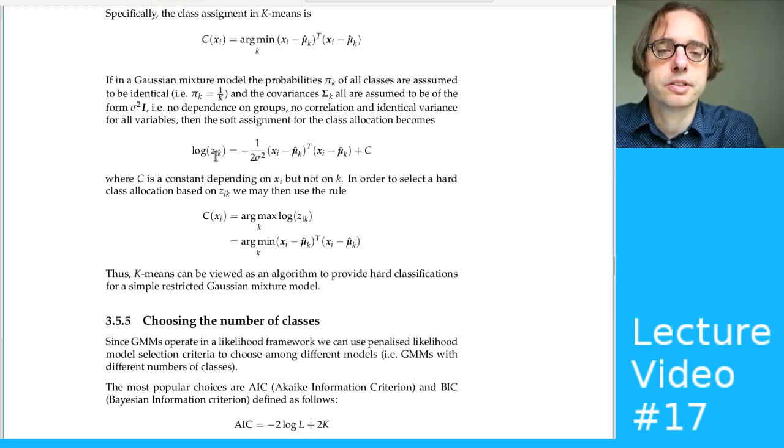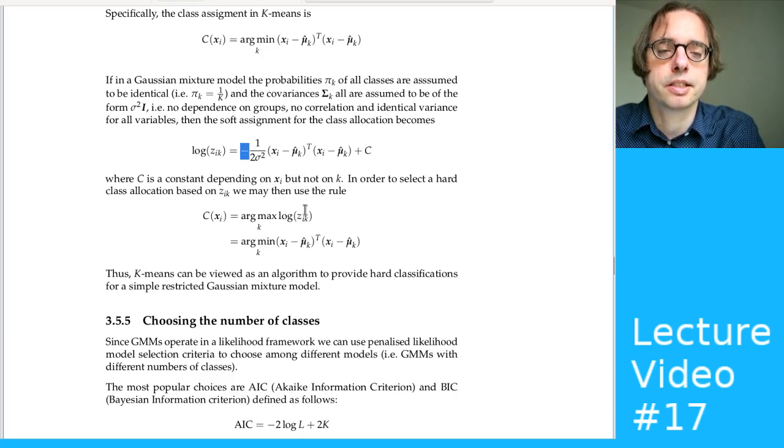And of course this is now the logarithm of the soft assignment, but what would we do to assign classes from the soft assignment? We simply take the one that has the highest probability. So this is what you do in k-means, only that you don't think that this is a probability or log probability. We take the highest one, and you can see the difference between this and this has a minus.